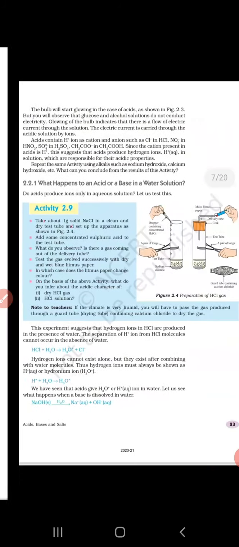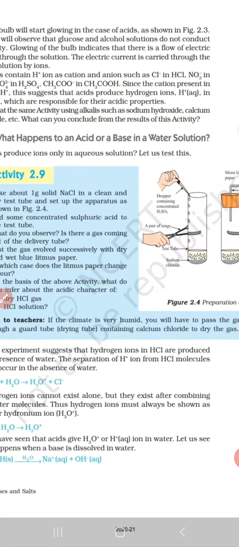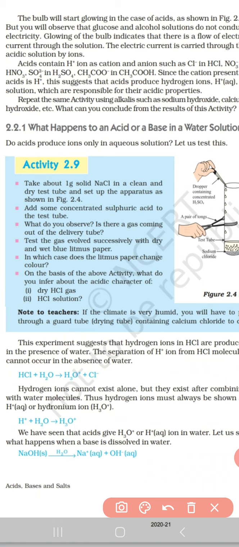See our page, see here, hydrogen ion combining with water molecule will give the hydronium ion.